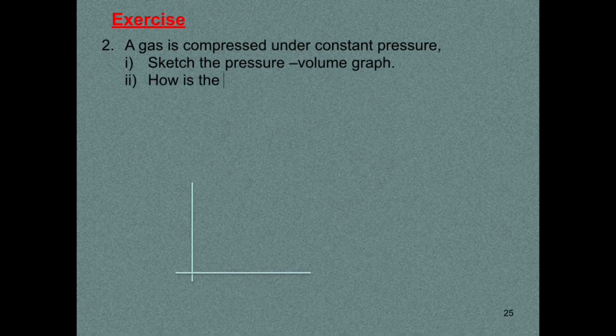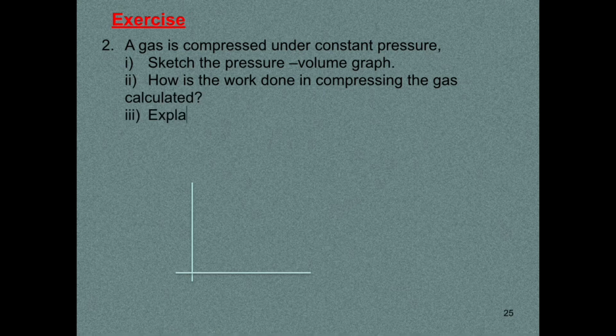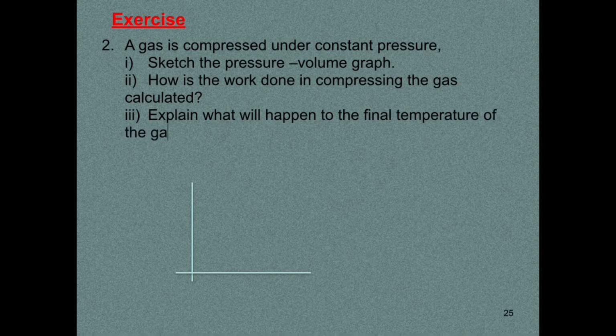And number 2, how is the work done in compressing the gas calculated? So W equals to what? And number 3, what will happen to the final temperature of the gas?